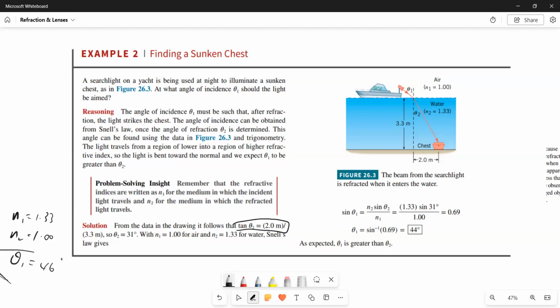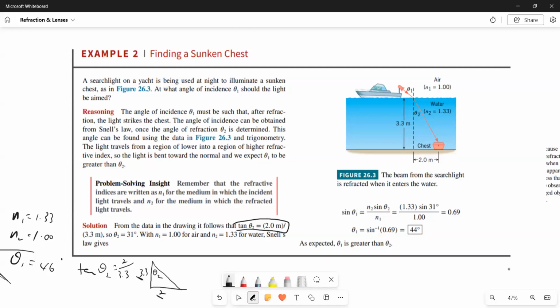So it's like you're taking out that little triangle. This is 3.3, and this is 2, right? So for this angle up here, opposite over adjacent, tan theta 2 is going to be equal to 2 over 3.3, right?